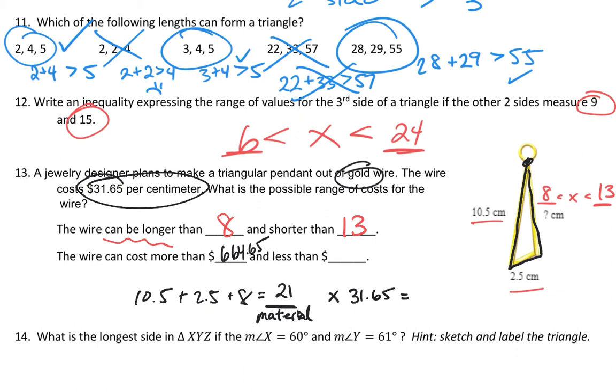Now, if I use the bigger value, so this was using the small value. If I use the big value, it's going to be 10.5 plus 2.5 plus 13, which is 26 centimeters. And I have to multiply that by 31.65.